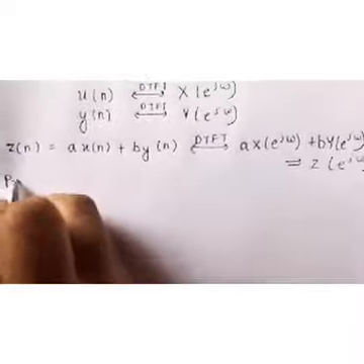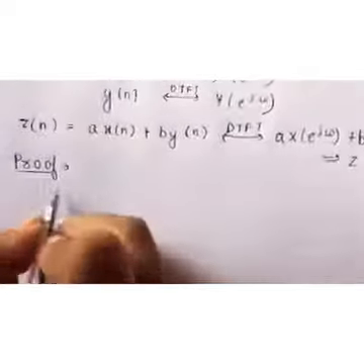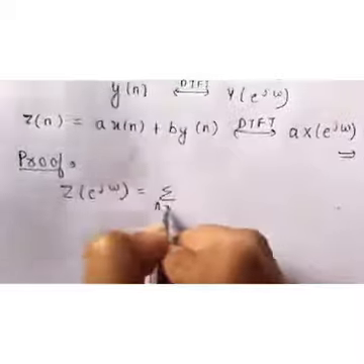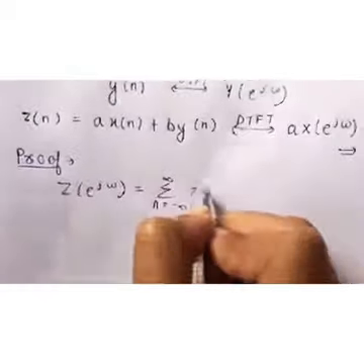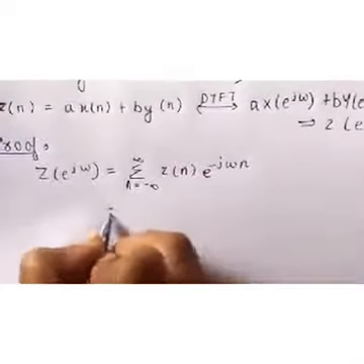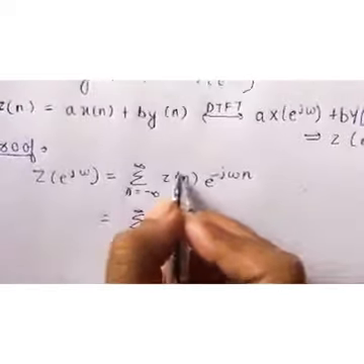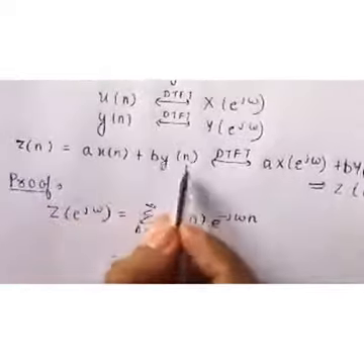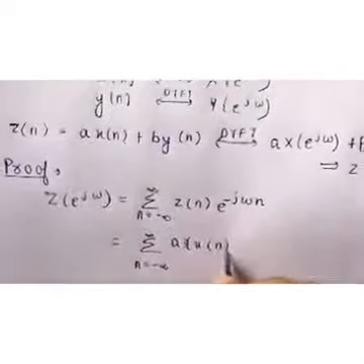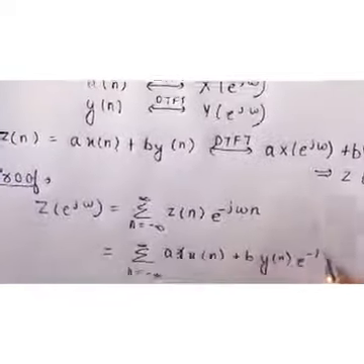Proof. We know that Z of e^j omega is the summation from minus infinity to infinity of z of n e to the power minus j omega n, and z of n is here a x of n plus b y of n. So summation of a x of n plus b y of n times e to the power minus j omega n.